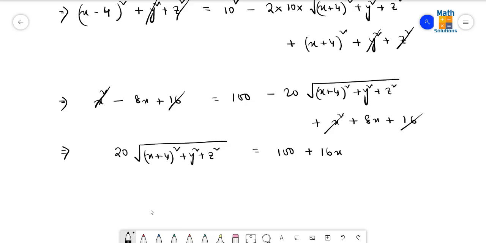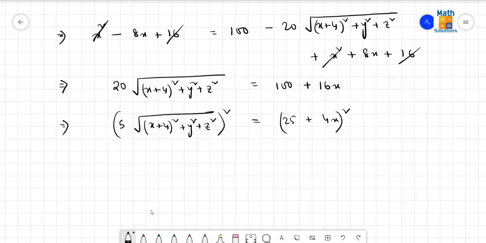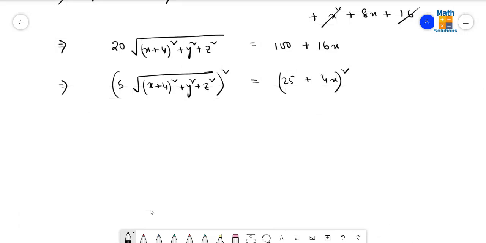On both sides by 4, division can be performed. So it is 5 root x plus 4 whole square plus y square plus z square. Then here it is 25 plus 4x. Now let us square it. Square both the sides.